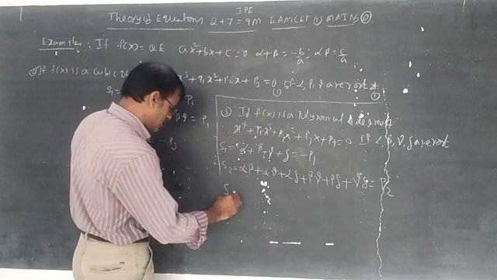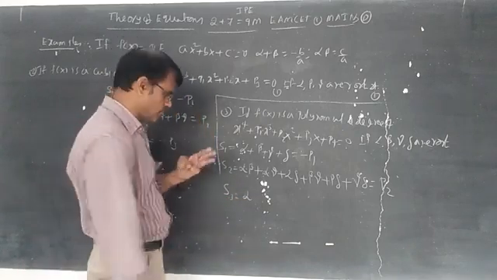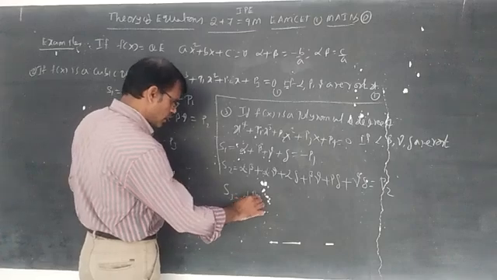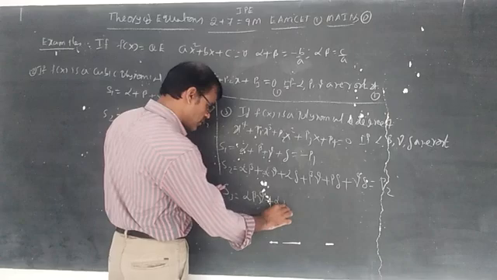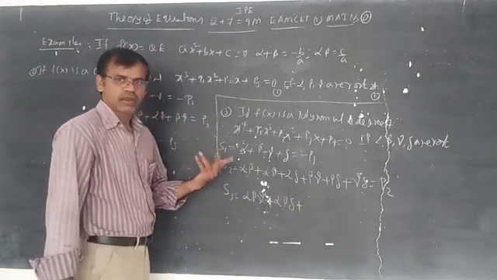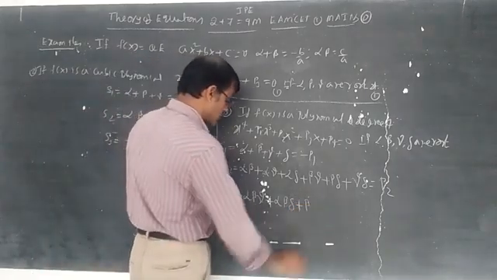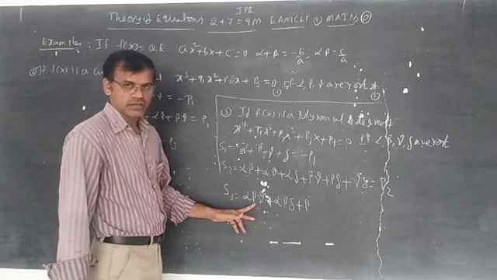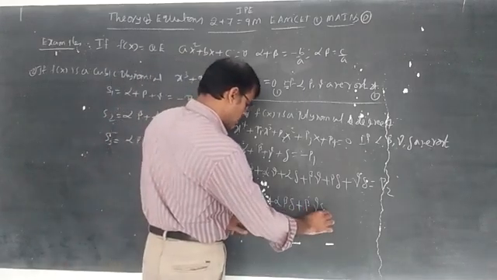Now S3. S3 means take 3 roots at a time, the product of 3 roots. So alpha beta gamma. Next, with alpha beta you can write alpha beta delta. Alpha beta gamma, alpha beta delta, over. Now you start with beta. Whenever you are starting beta, alpha gamma you have already written, don't write. Beta with gamma, you write beta gamma delta.